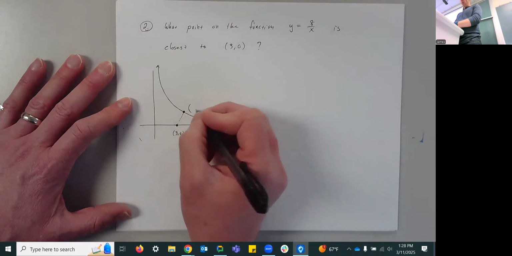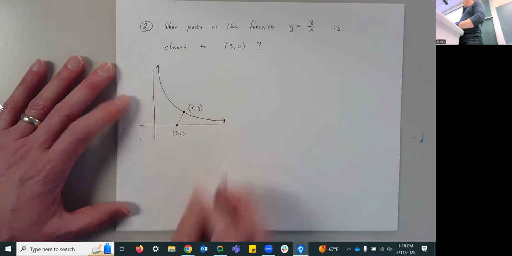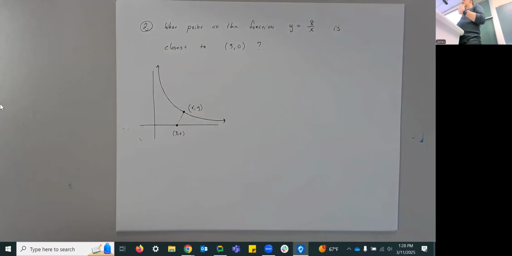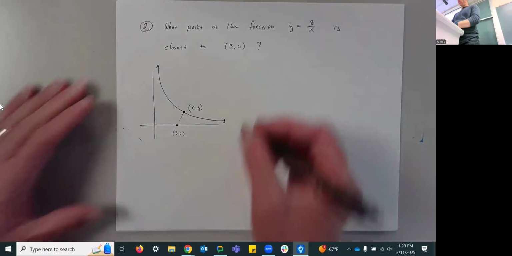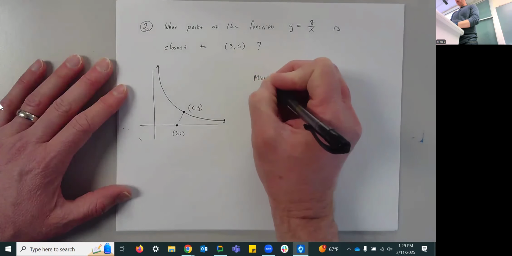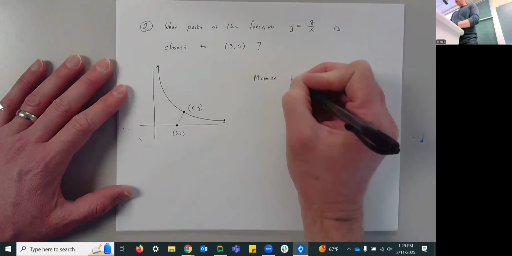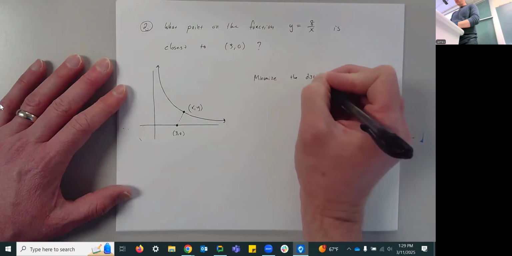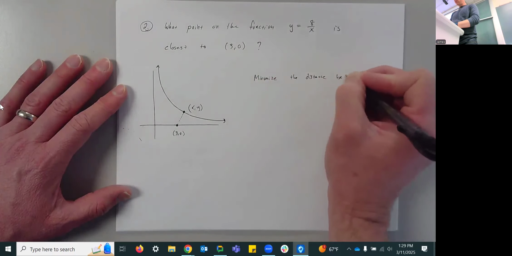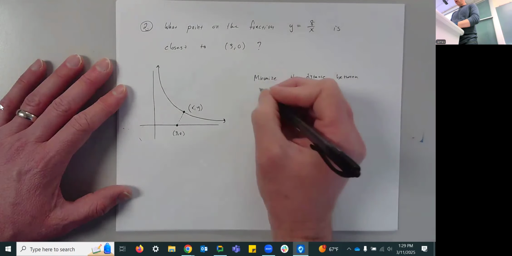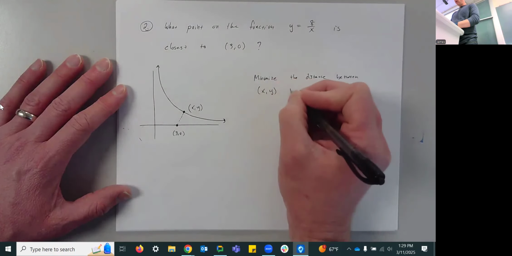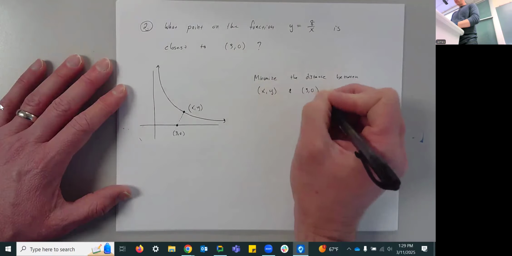I'm going to call it (x, y). But if that point is closest, that means that the distance between these 2 points is minimized. So our real job here is to minimize the distance between the unknown point (x, y) and the given point (3, 0).